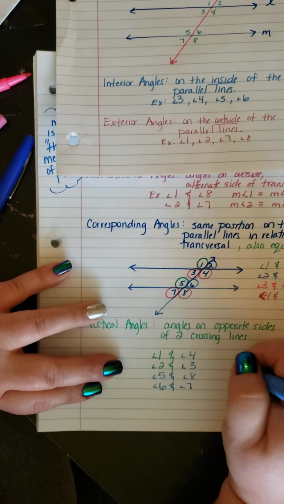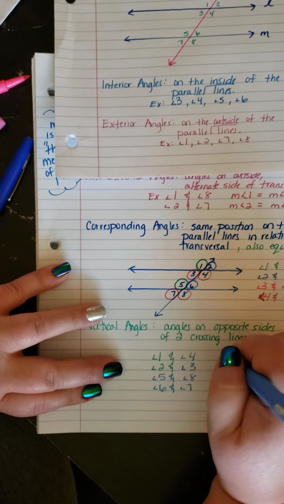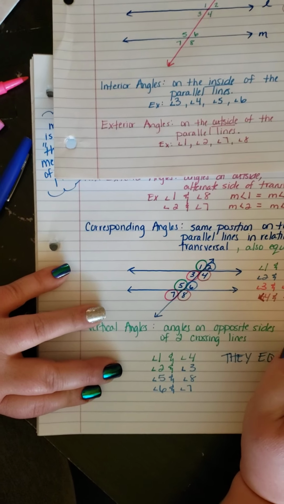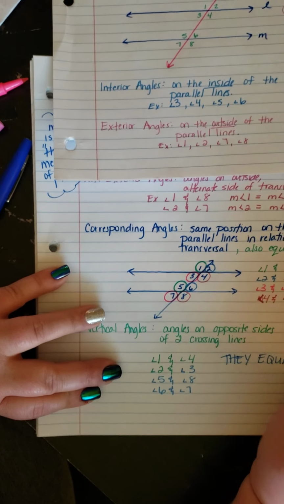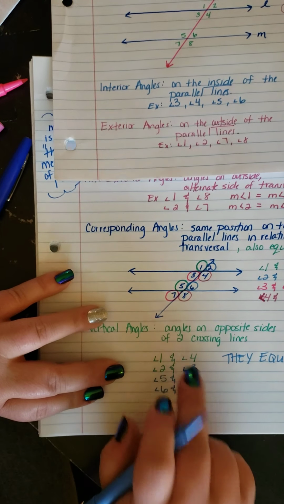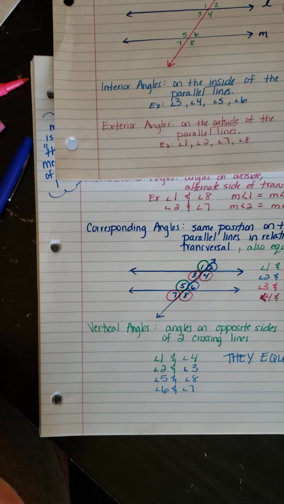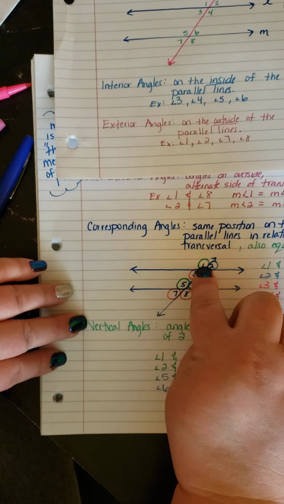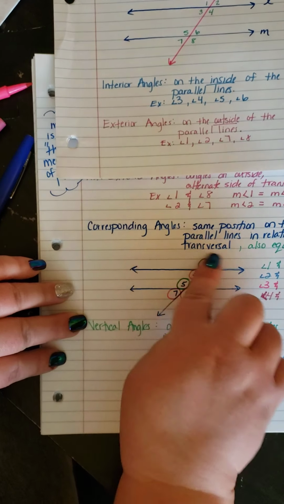What else is really important about them? Once again, they are equal to each other. Measure of angle 1 equals measure of angle 4. Which is why it makes it so nice and easy that if I know one angle, I know all the rest of them.